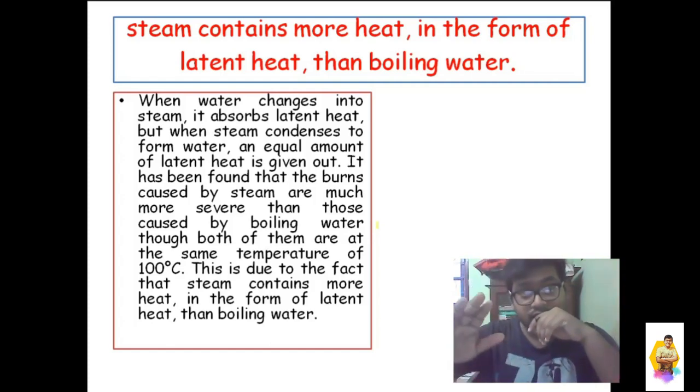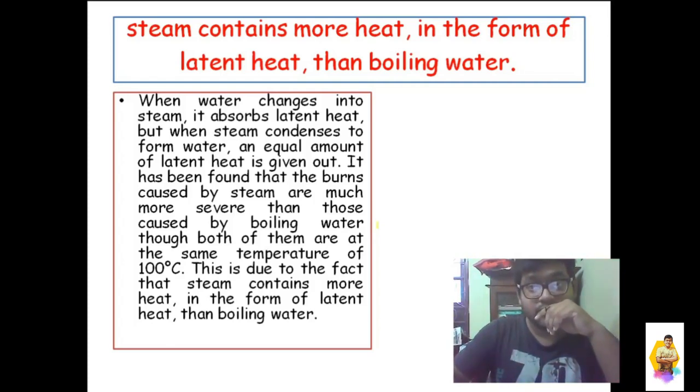That means the boiling water has got no latent heat of vaporization. After getting the latent heat of vaporization, that boiling water has been converted into the gas or the steam. That means the steam is having one extra heat inside it compared to that boiling water.